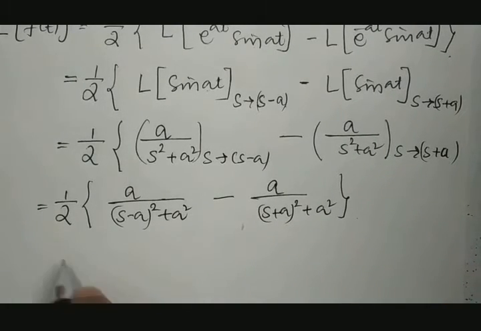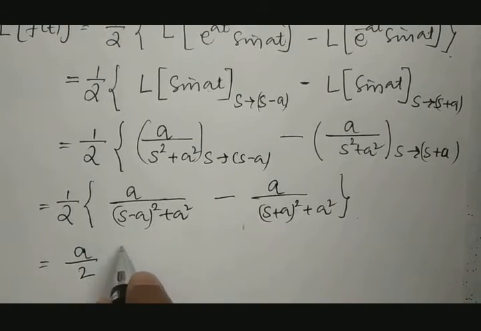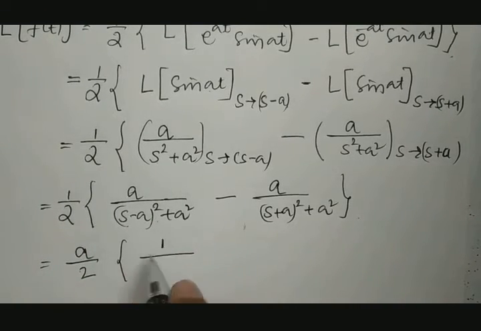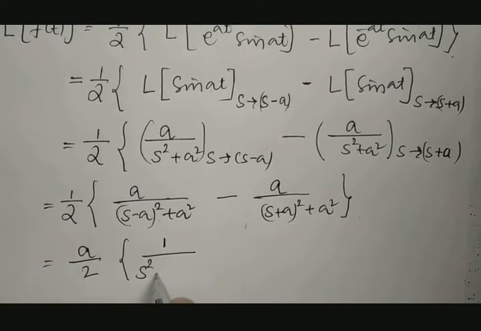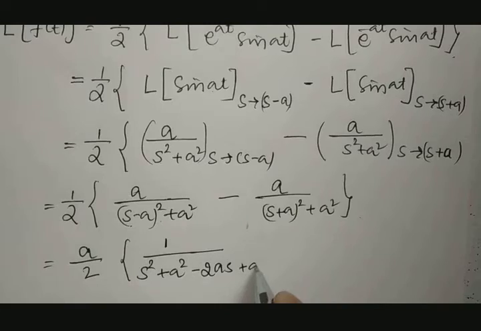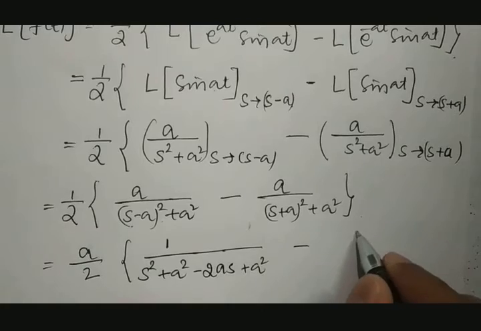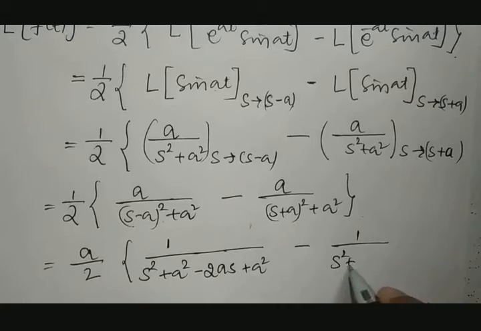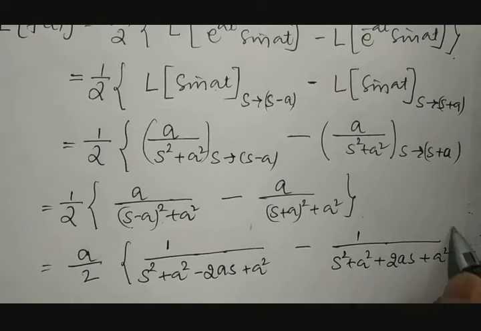Therefore, a is a common term, I will be taking it out, then a by 2 comes out. Inside the bracket, 1 divided by the expansion of this, (a minus b) whole square is a square plus b square minus 2ab, so it is s square plus a square minus 2as plus a square, minus 1 divided by the expansion of (s plus a) whole square, which is s square plus a square plus 2as plus a square.